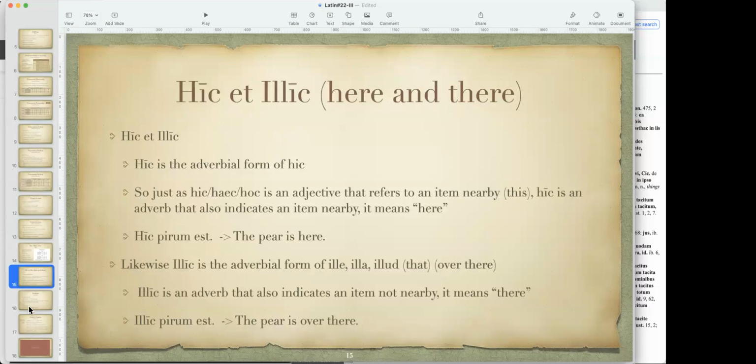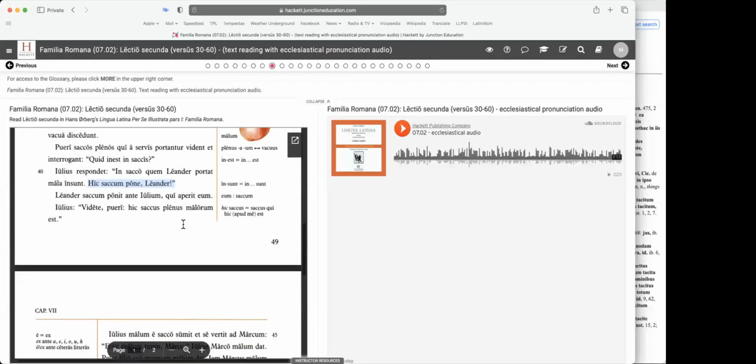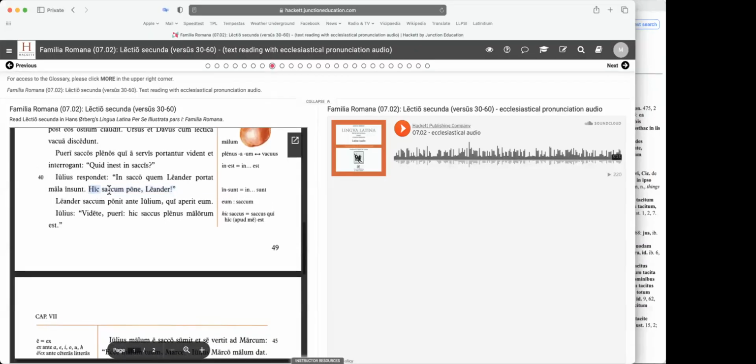So if we go back to line 41: Hic sacum pone, Leander. Put the sack here, Leander, not put this sack. The dead giveaway is that long i.